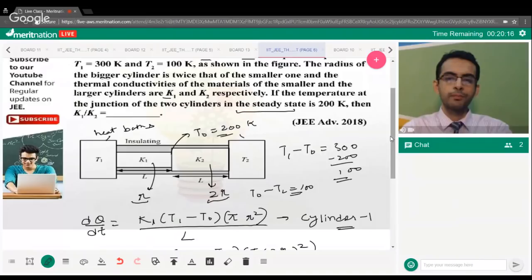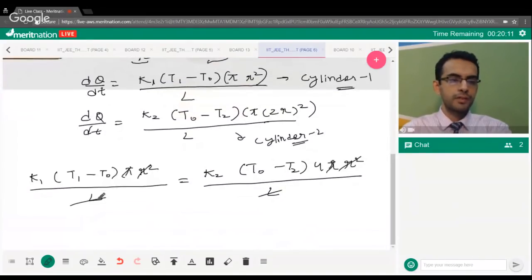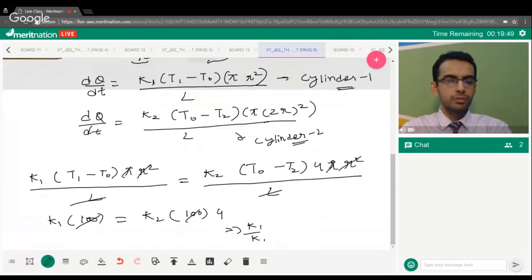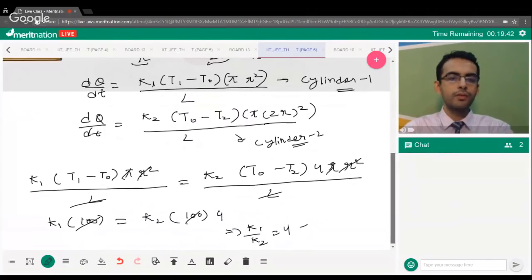So we get K1 multiplied by 100 equals K2 into 100 into 4. Again, 100 and 100 get cancelled. So K1 over K2 is equal to 4. That's the final answer of this question.